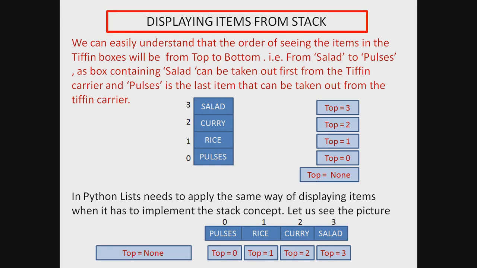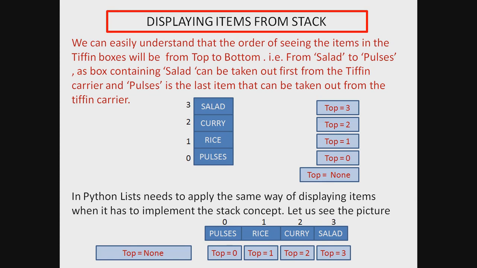Now, if you didn't want to eat, but you wanted to see what was there in the tiffin box, then also you had to first take out the lid of salad boxes, then the lid of curry boxes, then the rice box lid had to be taken out, then pulses lid had to be taken out. So displaying things in a list also is done in a reverse order than how we had entered things into the list.